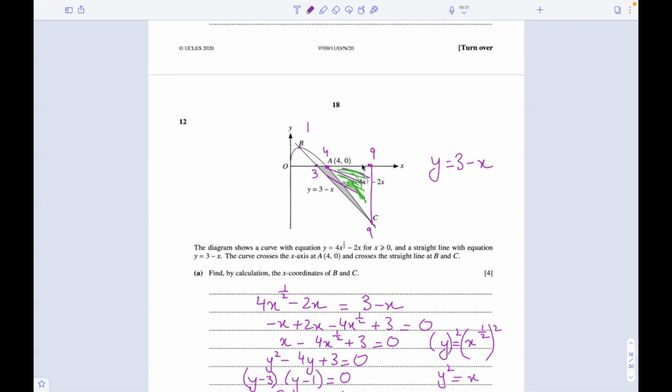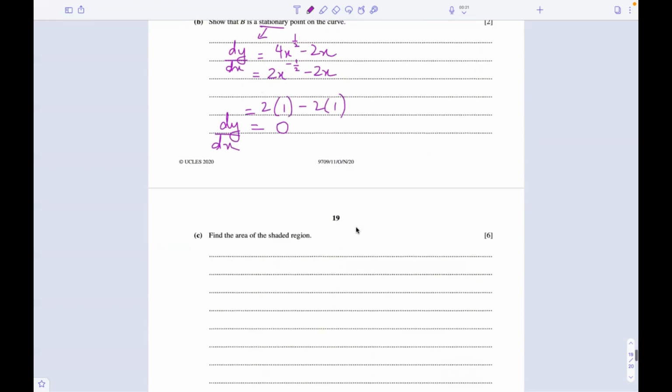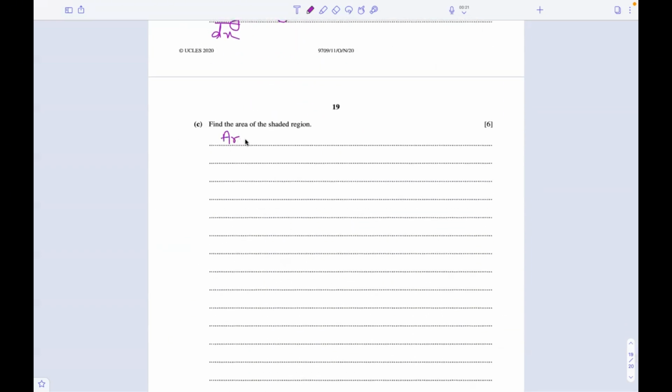So the base of the triangle is 6, and substituting 9 into the equation, we'll get the height as 6, because 3 minus 9 would be minus 6. However, as we are finding the area, we'll take the length, which will always be positive. So the area of the triangle would be half multiplied by 6 multiplied by 6, which is 18.